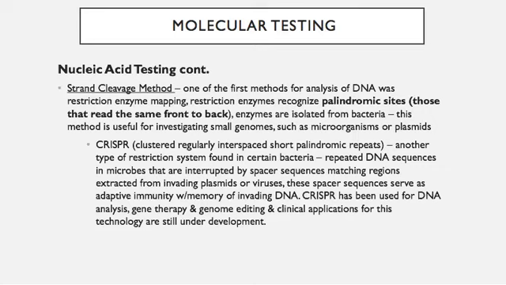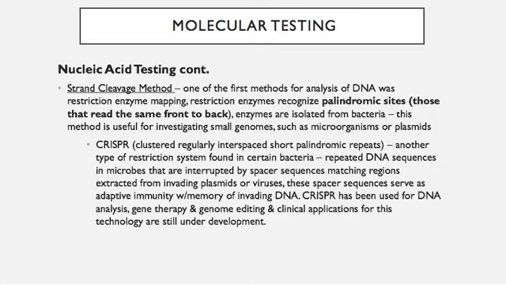And CRISPR technology, it's actually been around for a little while now, but we've been hearing about it more in some recent years. It stands for clustered, regularly interspaced, short palindromic repeats. So this is another type of restriction system found in certain bacteria. You've got repeated DNA sequences in microbes that are interrupted by spacer sequences matching regions extracted from invading plasmids or viruses.